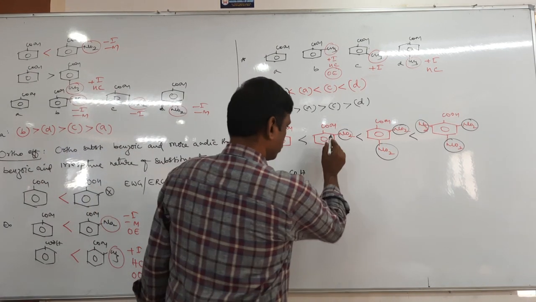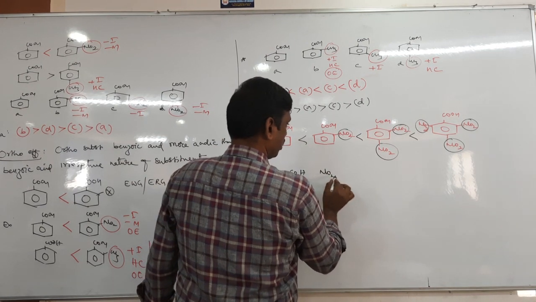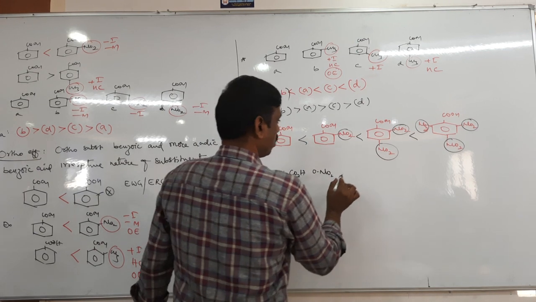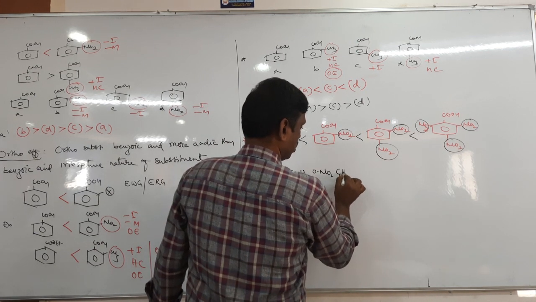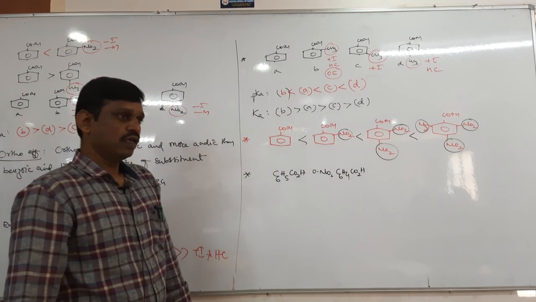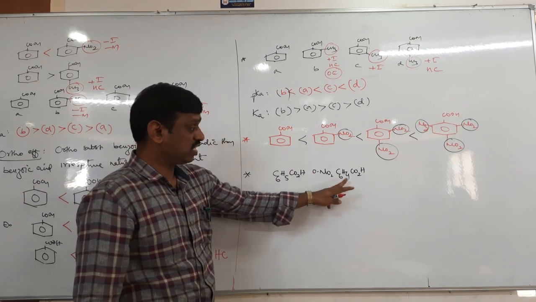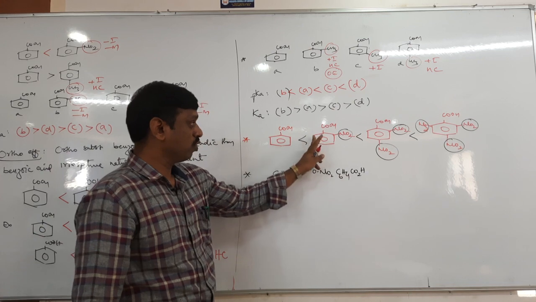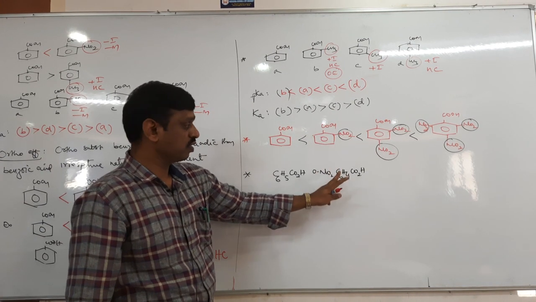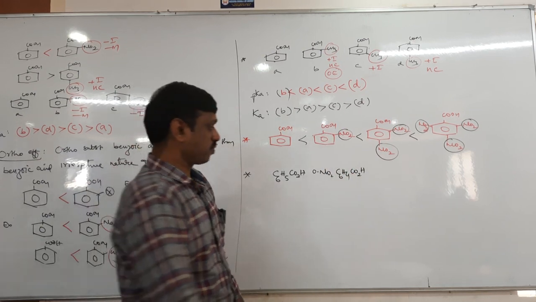Okay, next, this one, where NO2 is written here, that is ONO2, C6H4CO2H. So what is the meaning of ONO2? Ortho NO2, C6H4 only. Why H4? 1, 2, 3, 4, because there is no hydrogen at 2 positions. C6H4, it is a CO2H.